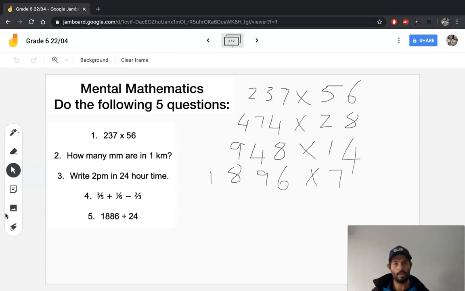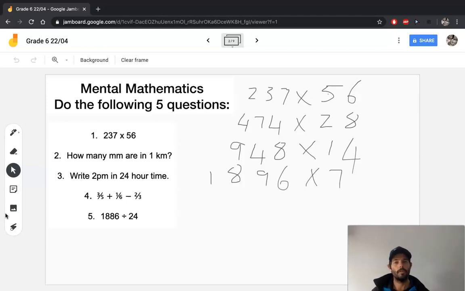Before I do that short multiplication, I just want to highlight that all I've done is double or halve. And when I've doubled, I've done that through just splitting up the numbers. For example, 237 doubled: 200 doubled is 400, and then I've doubled the 37 to 74.